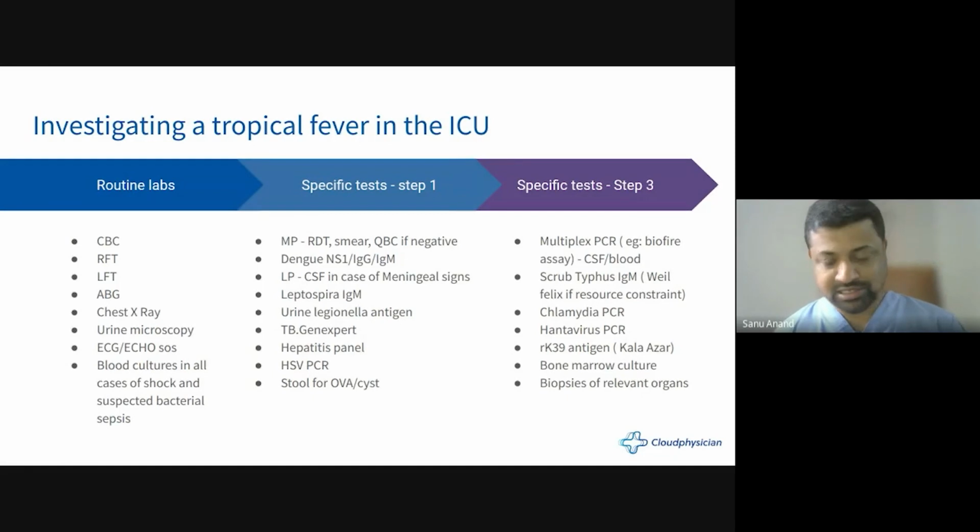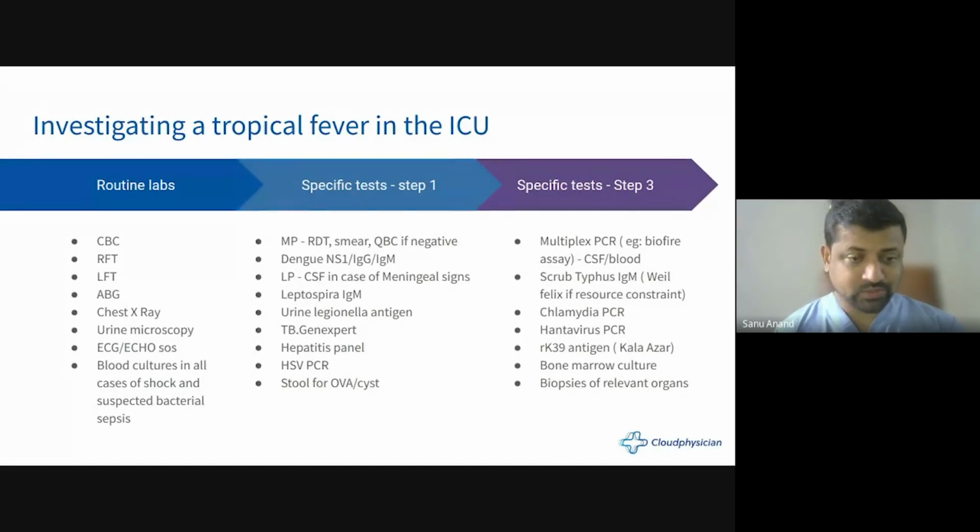Dengue NS1, IgG, IgM. Again, it's important to be familiar with the seroconversion of dengue NS1, IgG, IgM. Quickly, NS1 is in the first week. After that, IgM comes.